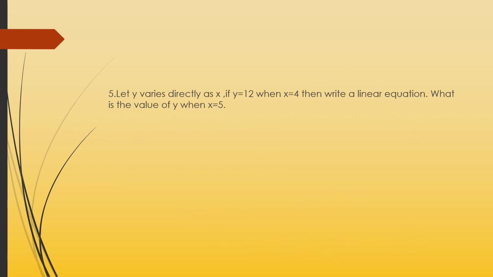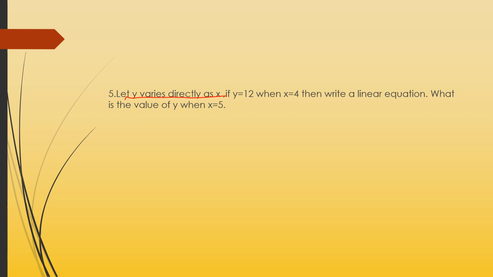This is question number 5. Let y vary directly as x. If y equals 12 when x equals 4, then write a linear equation. What is the value of y when x equals 5? There are two concepts involved. First is y varies directly as x. In class 8, in the chapter ratio and proportion, you might have studied direct proportion and indirect proportion.